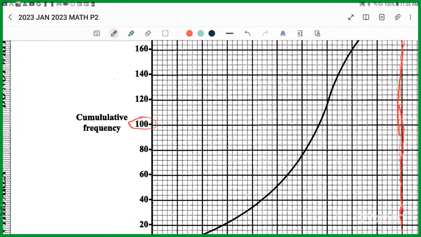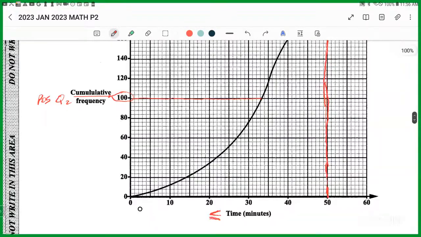That's the position of Q2, the 100th student. So you want to know the time that was taken by less than or equal to 100 students, approximately. So you come across on the graph to here, until you reach the graph here, and you read that time down. Looks like right in between these two marks.